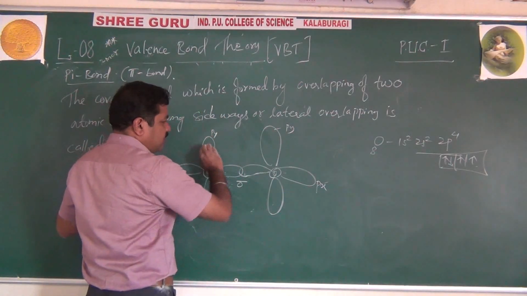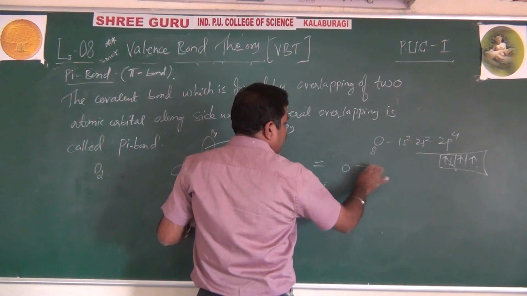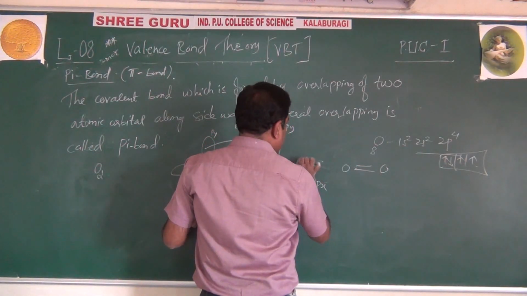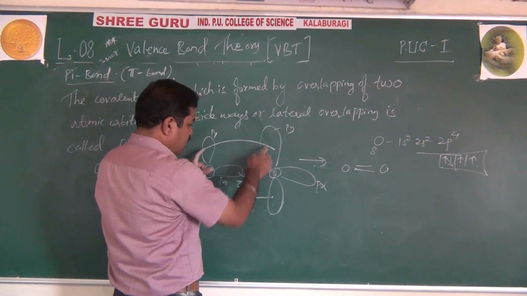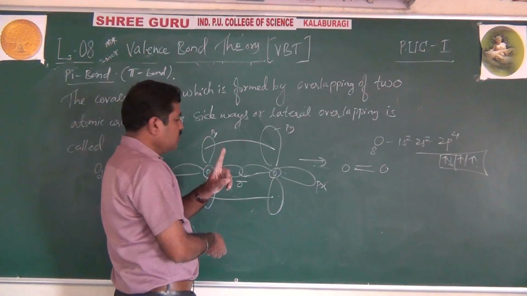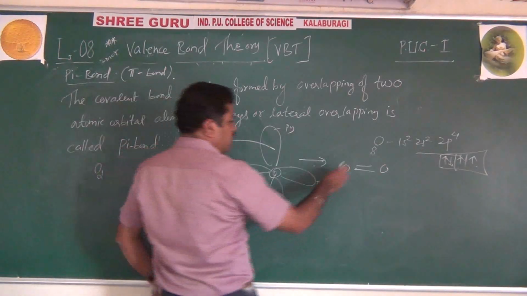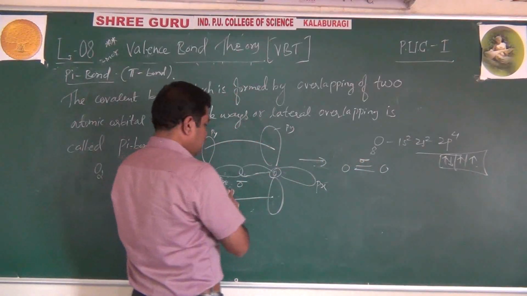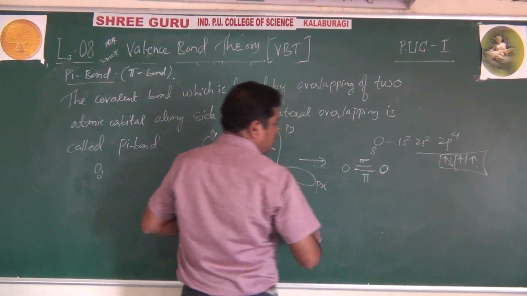Later, they are perpendicular to each other and form what? Double bond. Oxygen and oxygen: one sigma bond and one pi bond. Above and below they will form only one pi bond. One sigma bond is this one and one pi bond. This is the structure of oxygen.